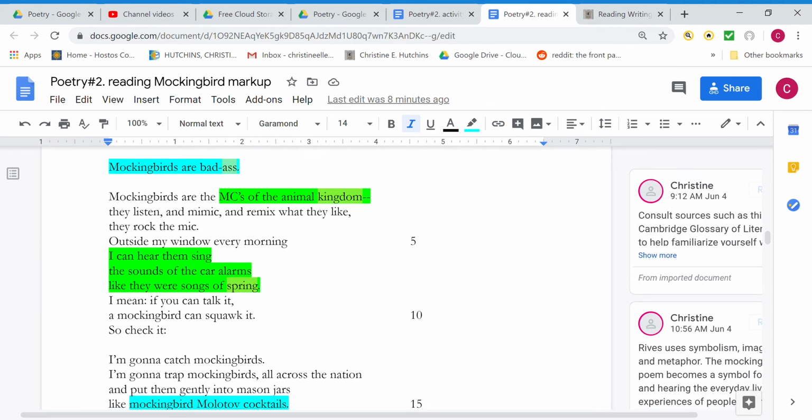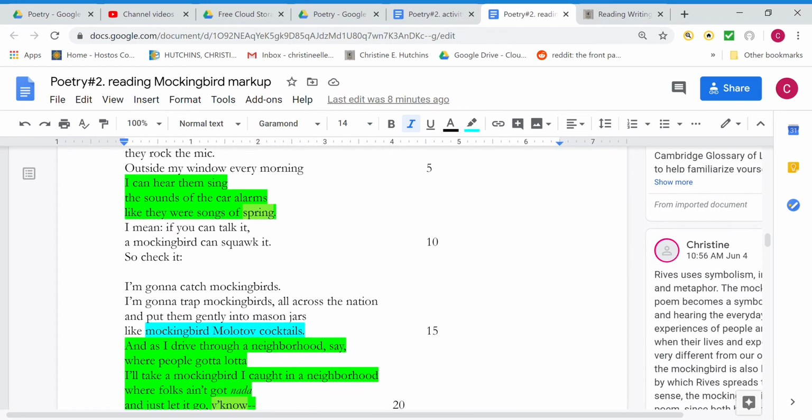Next, I can hear them sing the sounds of car alarms like they were songs of spring. And the metaphor here is car alarms are the songs of spring. It takes the sound of the car alarm and makes it into that sound you hear when you open the windows when it starts getting warmer, which sadly is true, especially in New York.